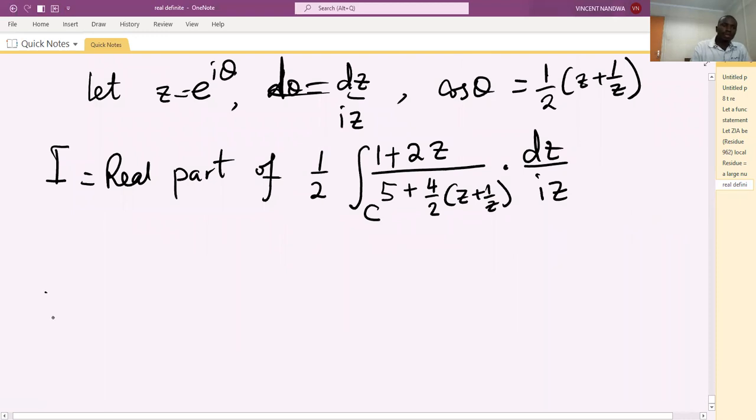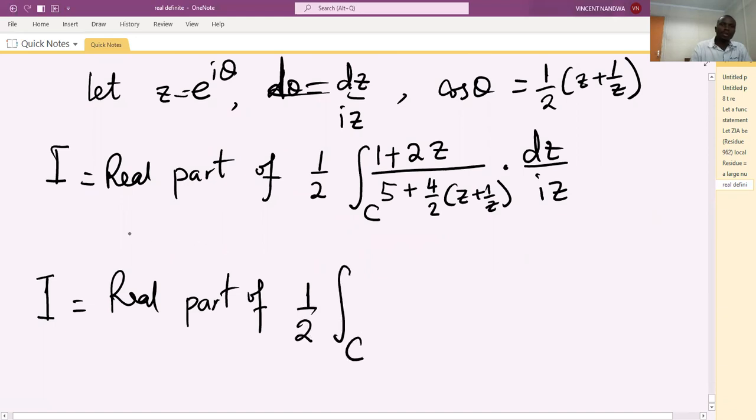So this will give us I equals the real part of a half integral along C. Remember, specify that C is a unit circle.